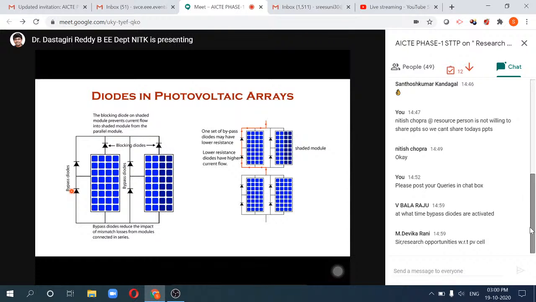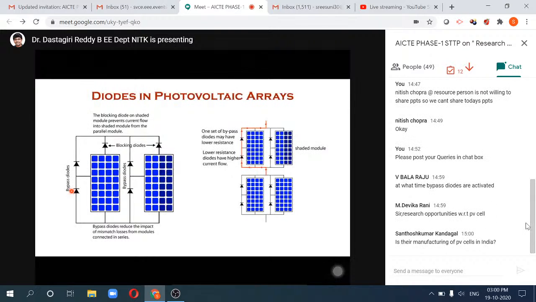One more question, sir. Any research opportunities with respect to PV cells? Yeah, a huge amount of research is going on with PV cells when it comes to selection of components, then utilizing multi junctions, then the thickness, how to address the thickness, how to address the diffusion lengths of electrons and holes.